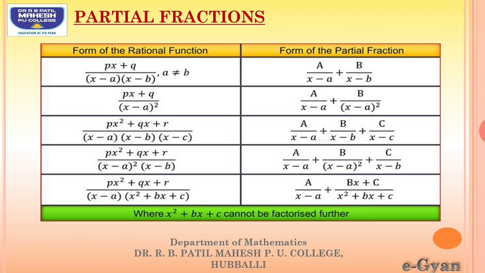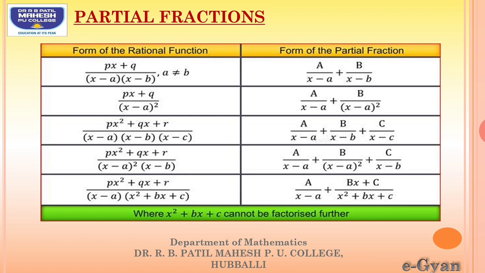This third form also has non-repeated linear factors. If we compare the first and this third, the same method is there. You just write down the factors. There are 3 factors, so you get numerators A, B and C. Next, the fourth form is the combination of the first 2 forms, non-repeated and repeated.